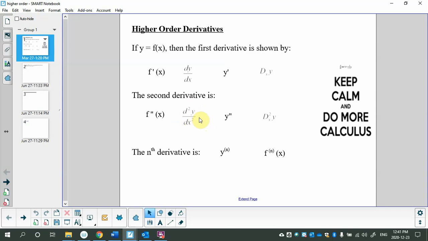Once you get past the second derivative, you can either put on numerous ticks, or as long as you use a bracket around a number, you can say that you're taking that many derivatives. So if you saw, for example, this, it doesn't mean y cubed. That's not what we mean.